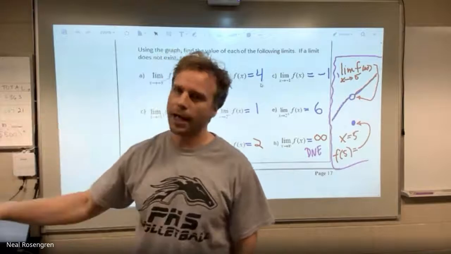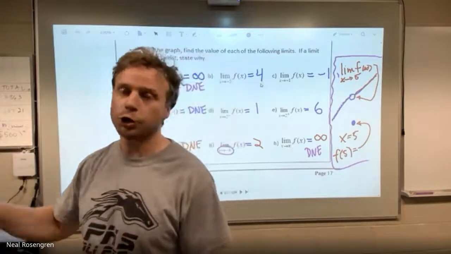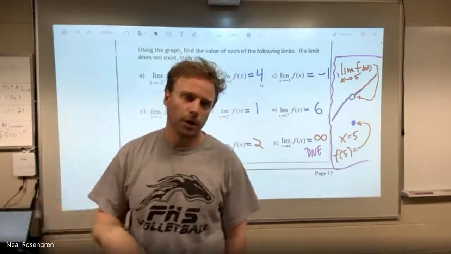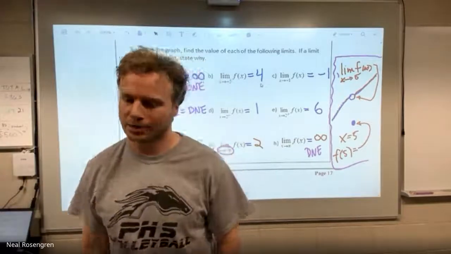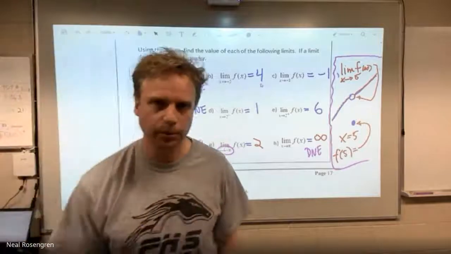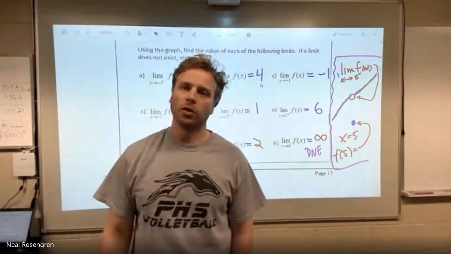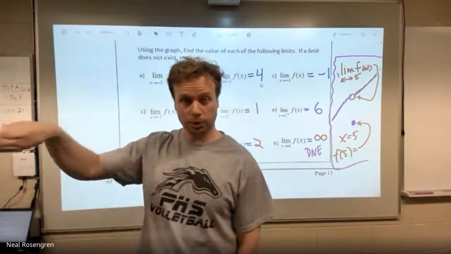Remember, horizontal asymptotes are great for showing us end behavior for numbers way, way down that way that I really can't see yet, because this graph stops at -8 or something like that.